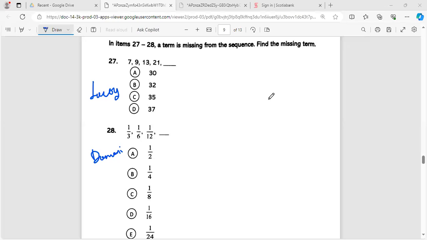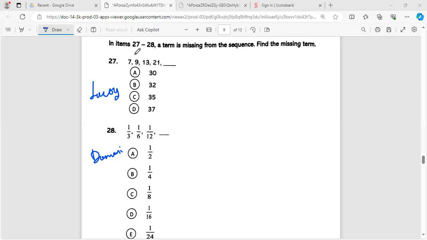Okay, so in 27 there's a pattern going on with multiples. What is the difference between 7 and 9? That would be 2. So 2 times 2 is 4, and that's the difference between 9 and 13.